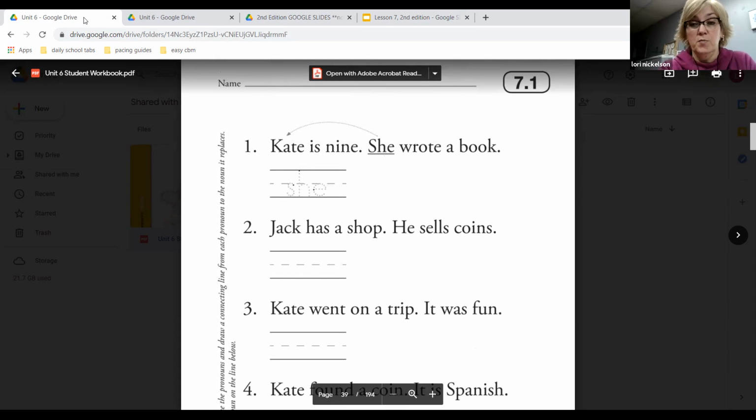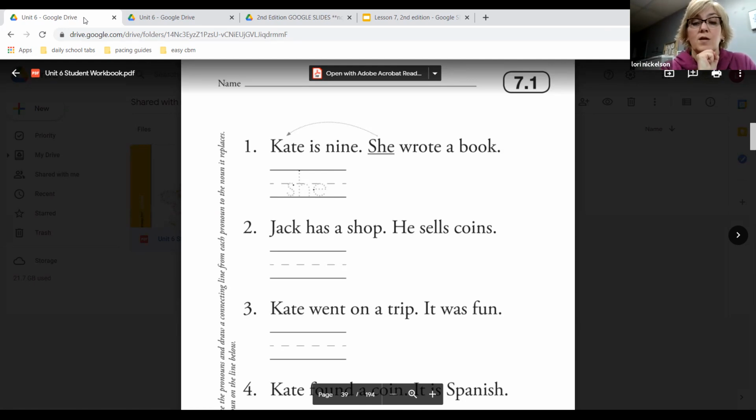So you've got to underline your pronoun. They've drawn an arrow to the word the pronoun takes the place for. So Kate is 9. She wrote a book. She is replacing Kate. So that arrow is drawn back to Kate. So you've got to underline the pronoun, draw an arrow back to the noun it replaces, and then your third step is you're going to write your pronoun on the line.